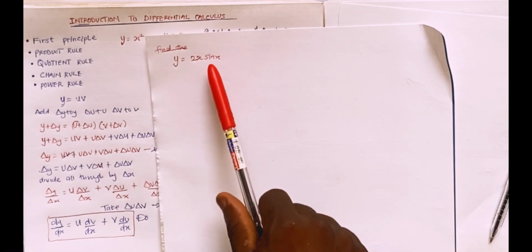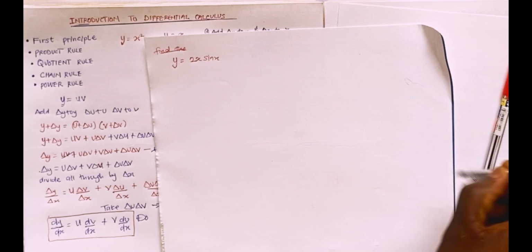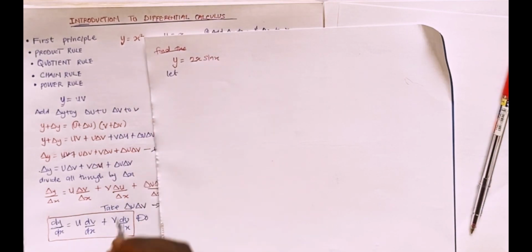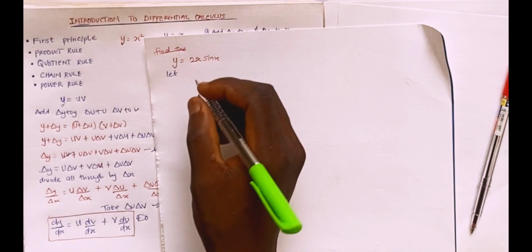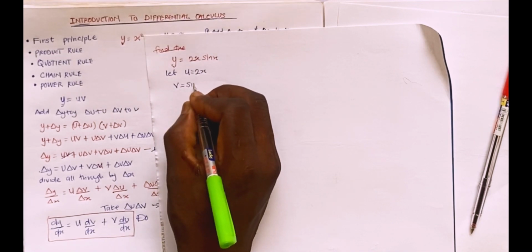These are two different functions. This is the first function, and here I'm having the second function. Just looking at the formula, if I want to find f prime of x, that's u dv/dx plus v du/dx. So I can just say let my u equal 2x, and my v equal sin x. Can you see this now?